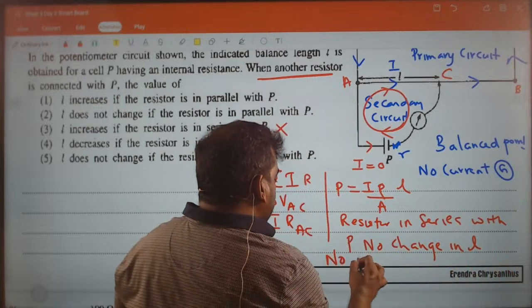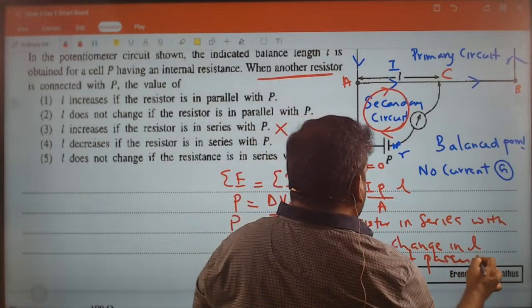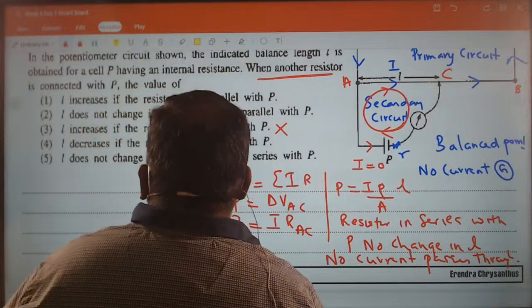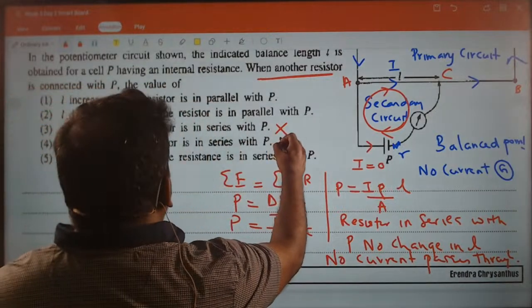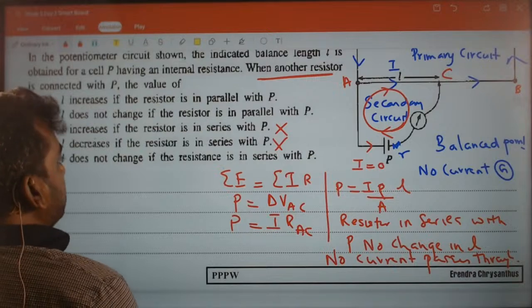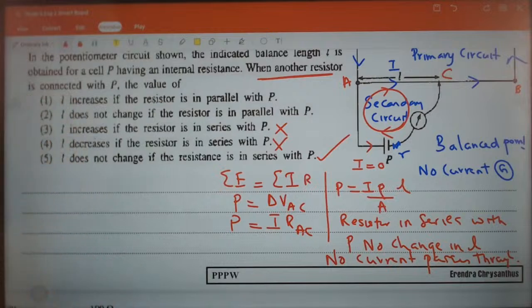No current passes through it. Very simple. 'L decreases if it is in series' is wrong. L does not change if the resistance is in series with P. Correct.